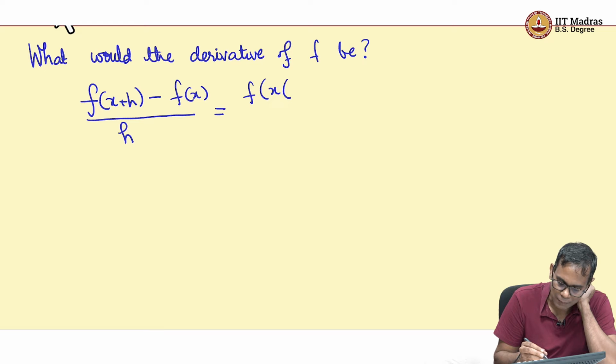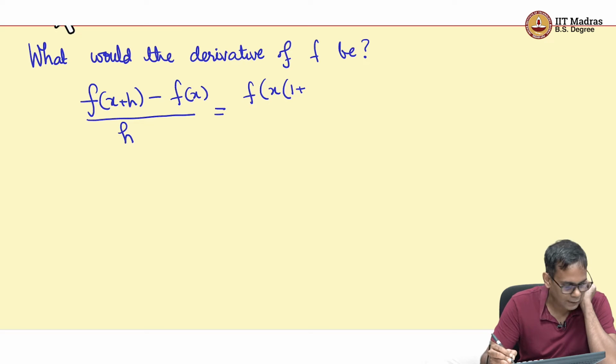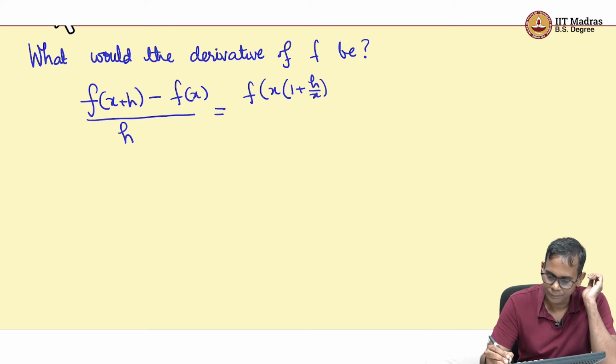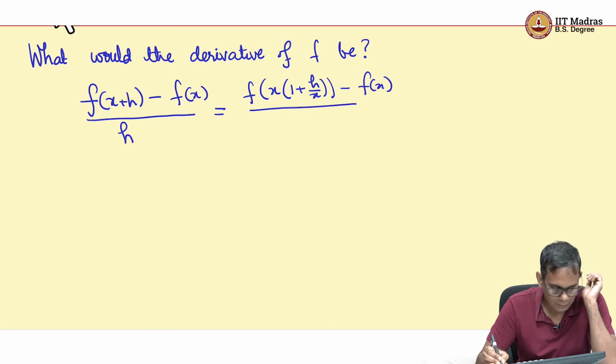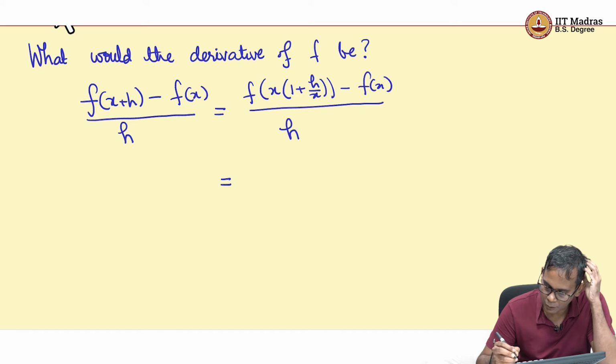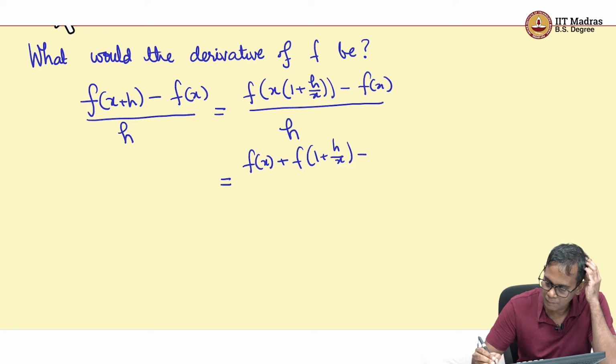Let us turn this sum x plus h into a product, and I can do this by writing this as x into 1 plus h by x, minus f of x, by h. Now, by the property of f that it converts products into sums, this will be f of x plus f of 1 plus h by x minus f of x.